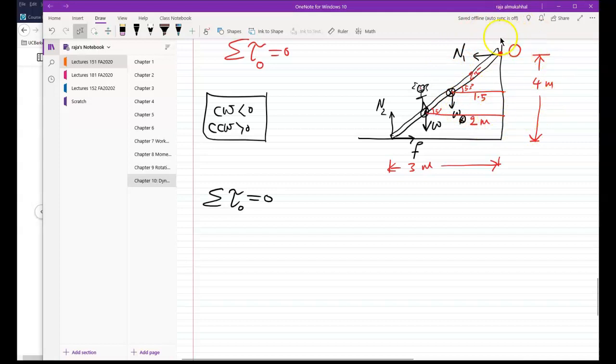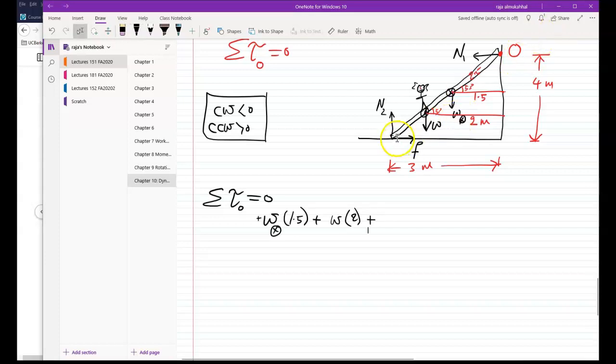That's a counterclockwise. It's going to be plus W sub x times 1.5, plus, same thing with W here. This W right here is going to go about O. See that? Counterclockwise. So it's going to be plus W times, how far is it? 2.